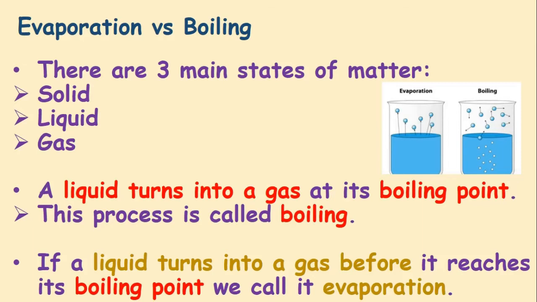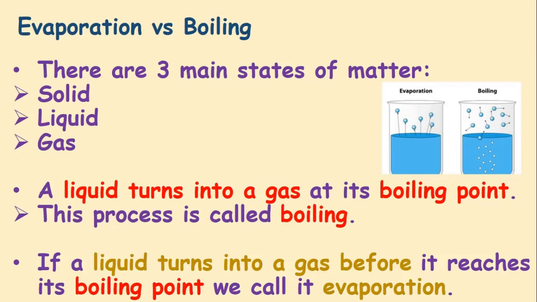A liquid turns into a gas at its boiling point. So a liquid has a specific boiling point at which it turns into a gas. This process is called boiling.